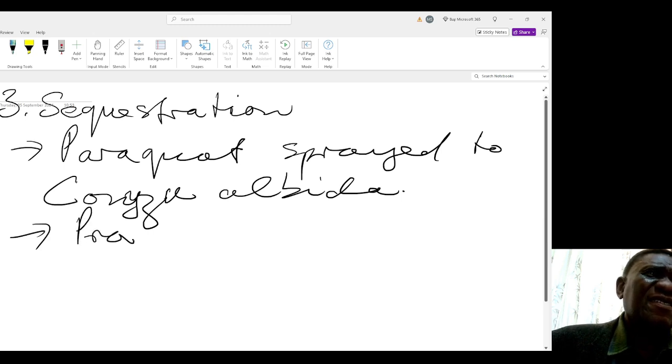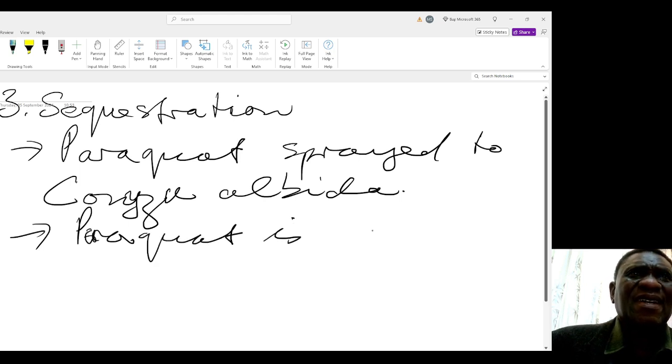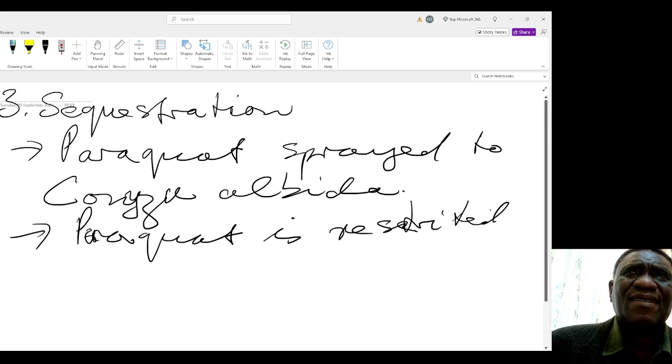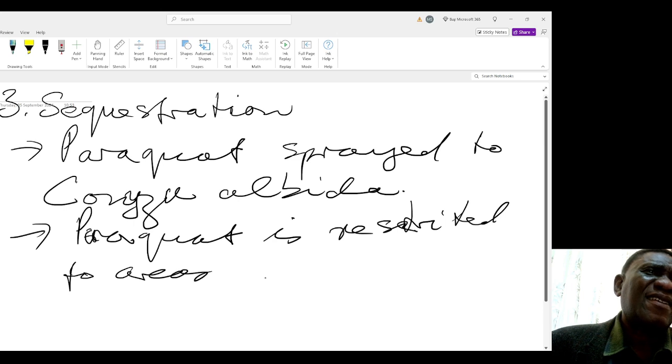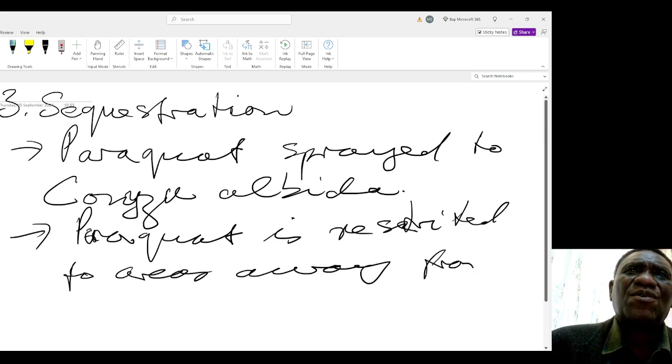Paraquat is restricted to areas away from the site of action.